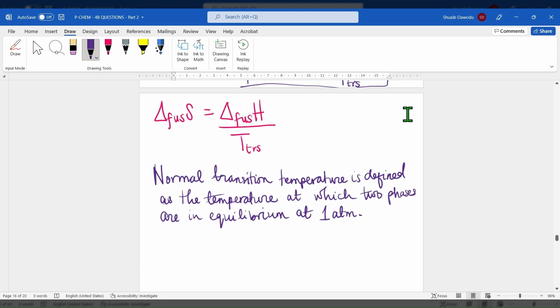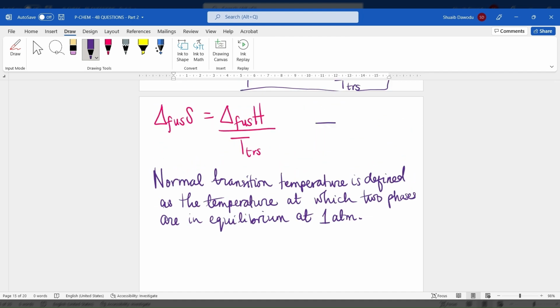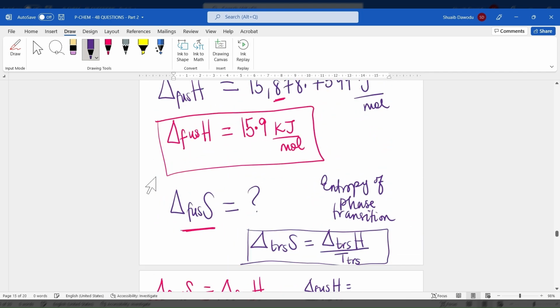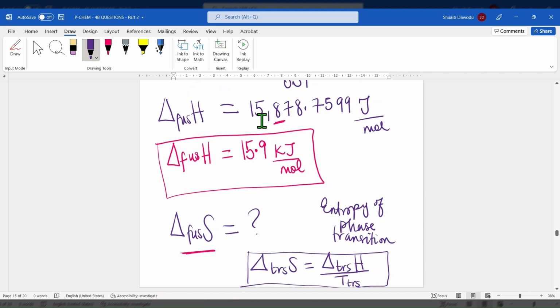So here, the temperature that we'll be using is the T, which is 350.75 Kelvin. And of course, the enthalpy we're going to be using is what we've solved for previously. So enthalpy of fusion, H, we know that to be 15.9 kilojoule per mole. But again, as scientists, we do not round up until the very end. So we're going to be using the raw answer to do further calculations.